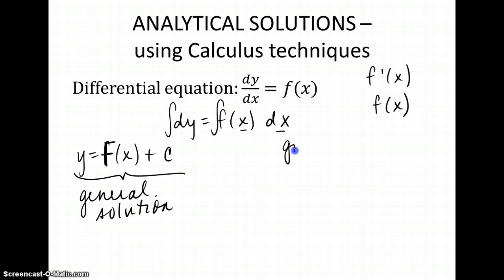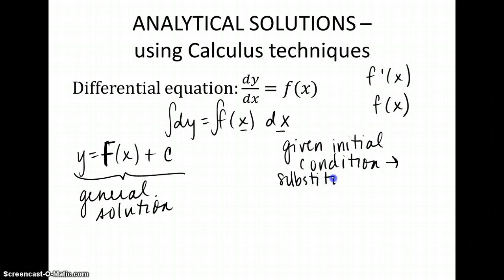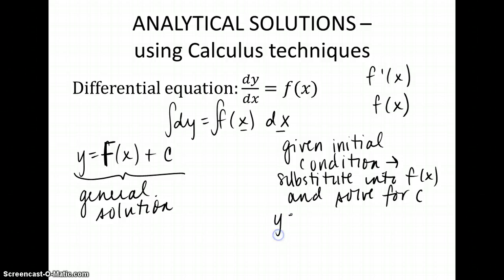And if we are given some type of initial condition, then we substitute into the function and solve for c. If we can determine what c is, then this is referred to as the particular solution.